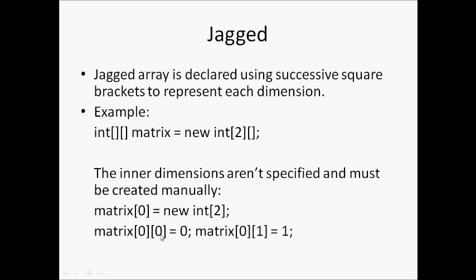Matrix[1][0] equals 2, matrix[1][1] equals 3, and this is jagged multi-dimensional arrays.